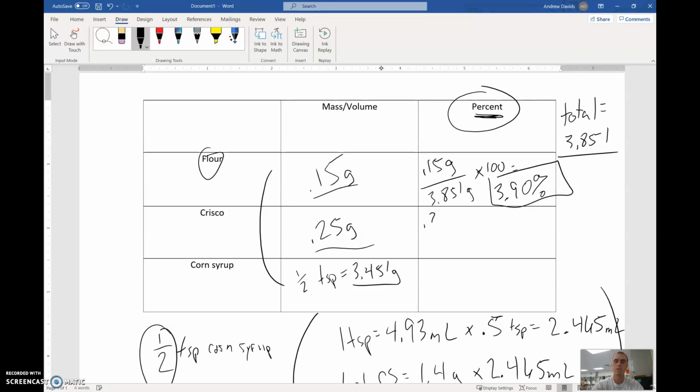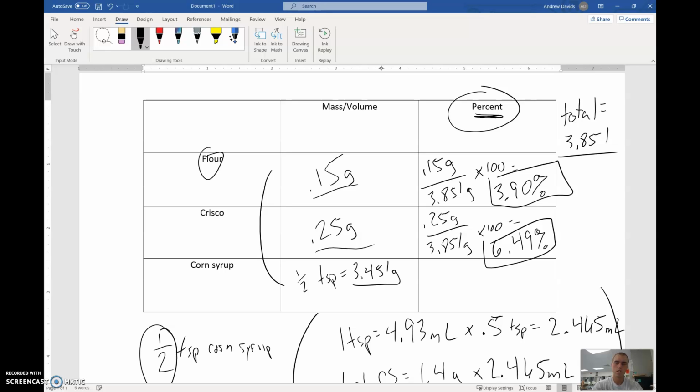Then you're going to do the same thing for the next two. You've got 0.25 grams over 3.851 grams times 100, and that gives me 6.49% for Crisco.